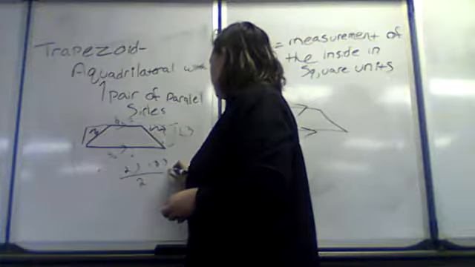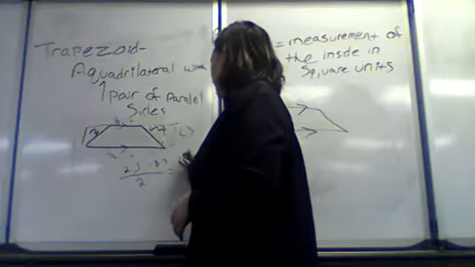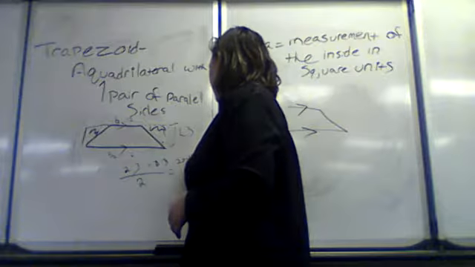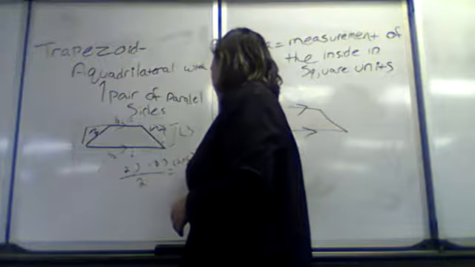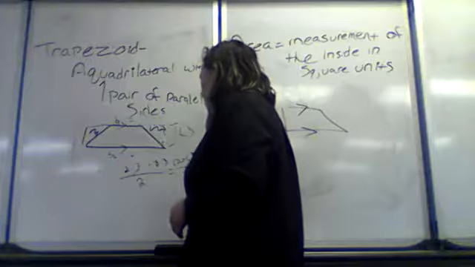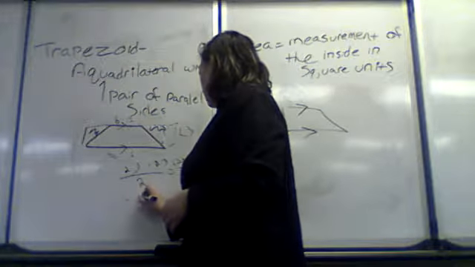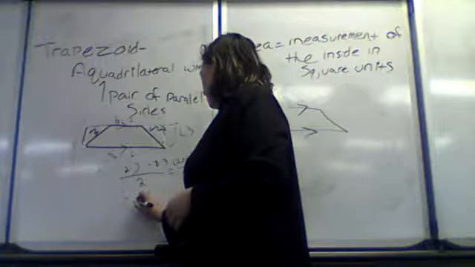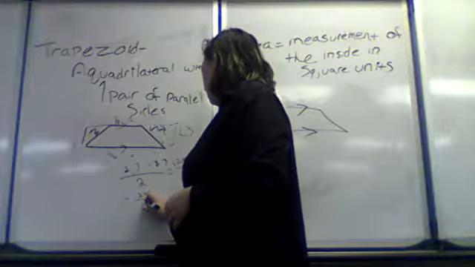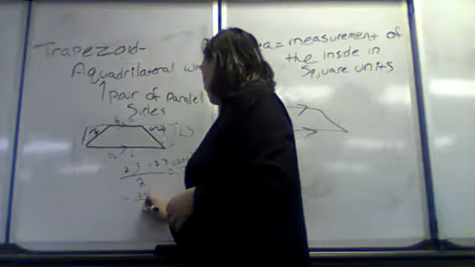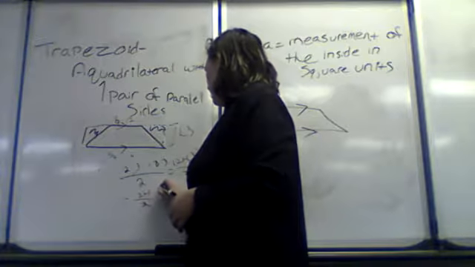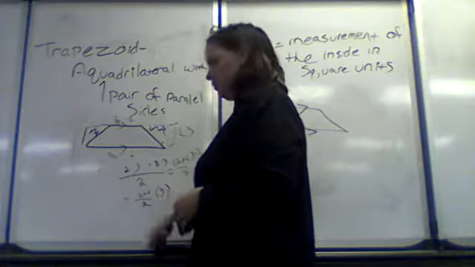Now this also, if you simply factor out the 3, you can get 2 plus 6 times 3, still over 2, which is essentially the same thing as 2 plus 6 divided by 2, all times 3.